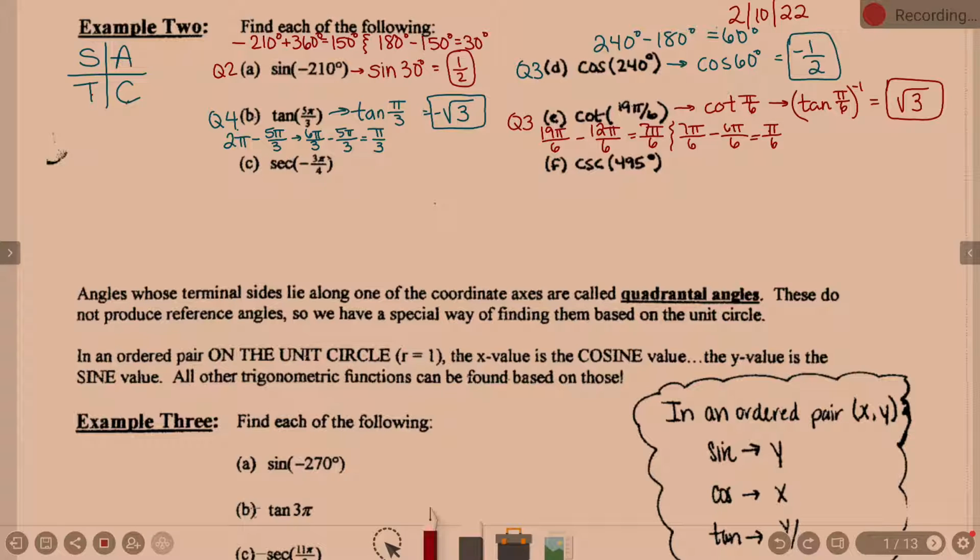Now, if you are against the negatives, you don't like going backwards around the unit circle, then what do I do to find this a new name? Take negative 3 pi over 4 and what do we do to find an angle a new name? Add or subtract 2 pi. What is 2 pi?